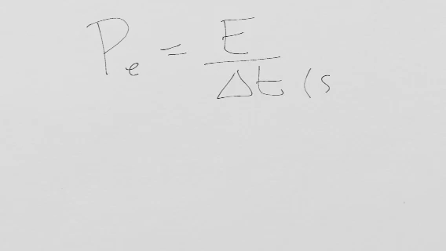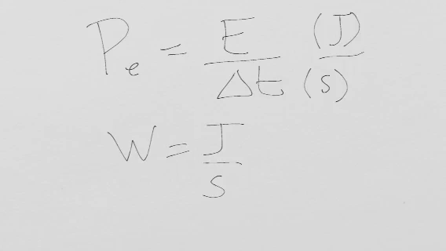Seconds. And energy is measured in joules. So its power is joules per second, and a joule per second is equal to a watt. That's one power formula.